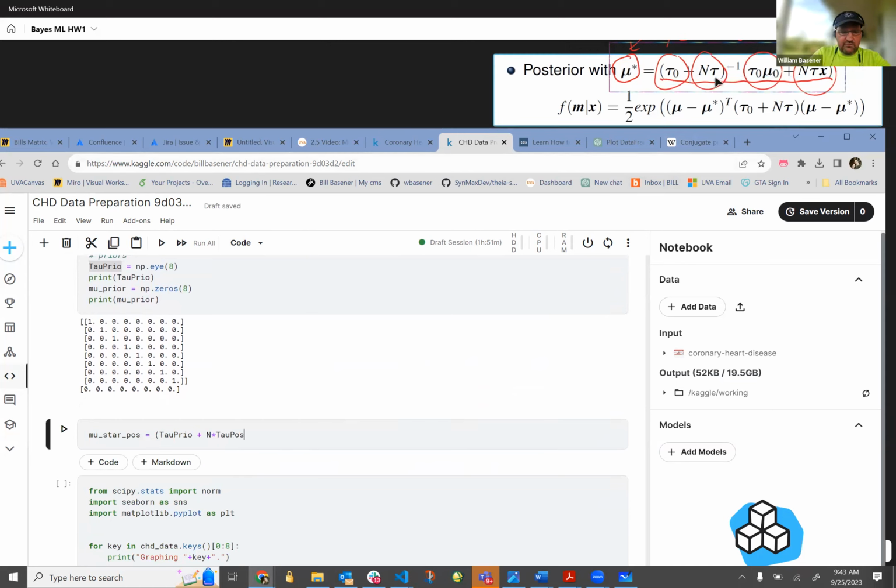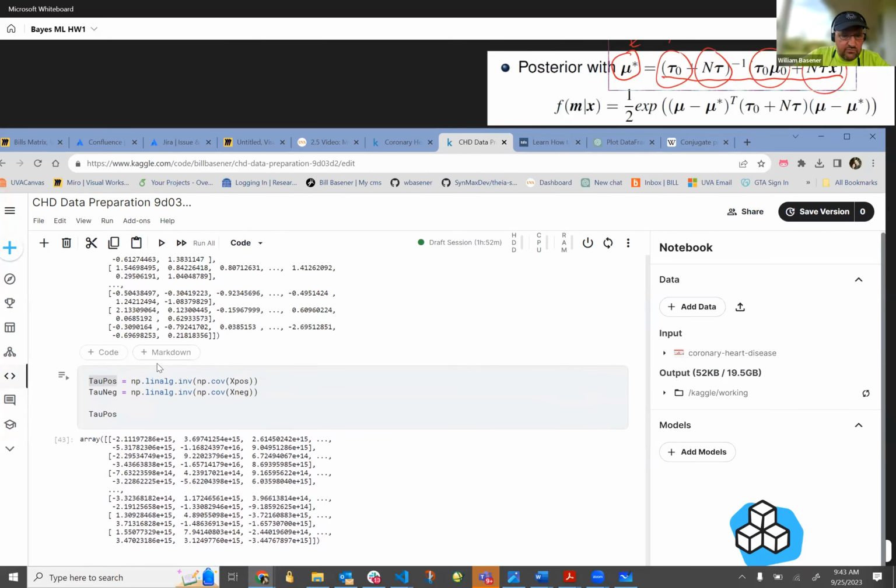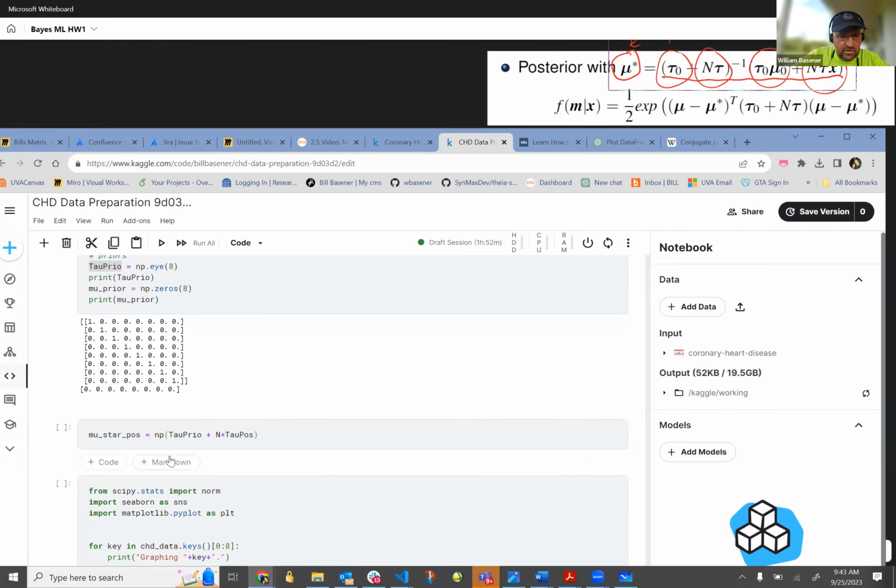Times tau positive. And we're going to take the inverse of this. So I'm going to do np. Let's go find out how to do an inverse. I always forget the linear algebra, like how to write that. So np linear algebra inverse.